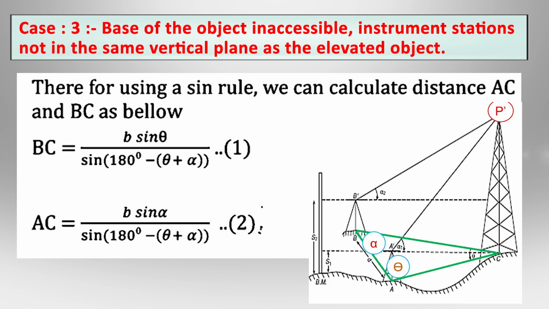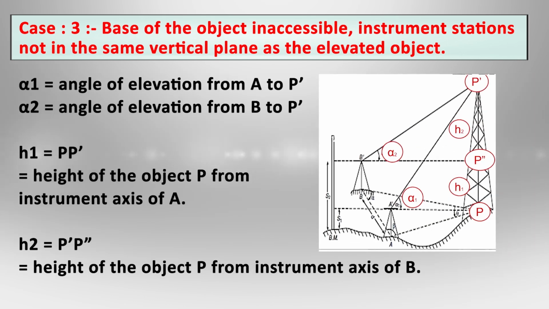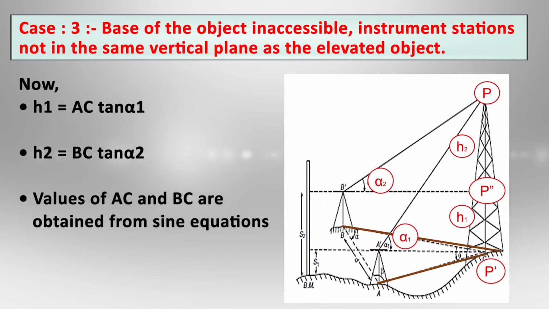So we have found the values of BC and AC from the triangle. Similarly, when AC and BC are known, we can find the values of H1 and H2. We also know the angles of elevation alpha 1 and alpha 2. So H1 will be AC tan alpha 1 and H2 would be BC tan alpha 2. So the values of AC and BC are obtained from the above equations.